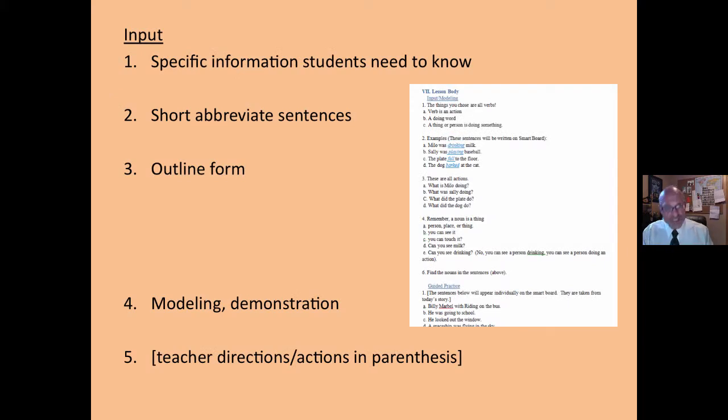The input is the heart of the lesson. The specific information students need to know. I recommend short abbreviated sentences using outline form, and you see an example of the outline form that I recommend. That way you can clearly see the structure of the lesson, and if you're using the lesson like I do when I'm teaching children, I put it down so I can quickly see at a glance where I'm at.